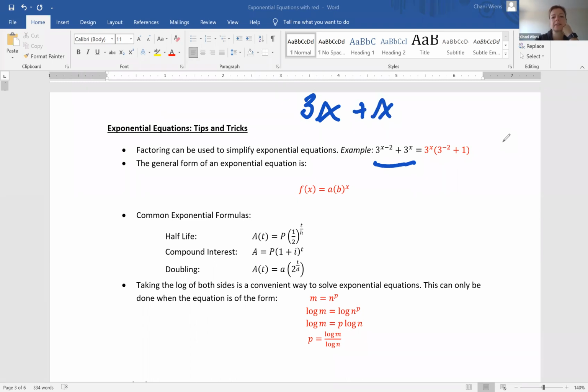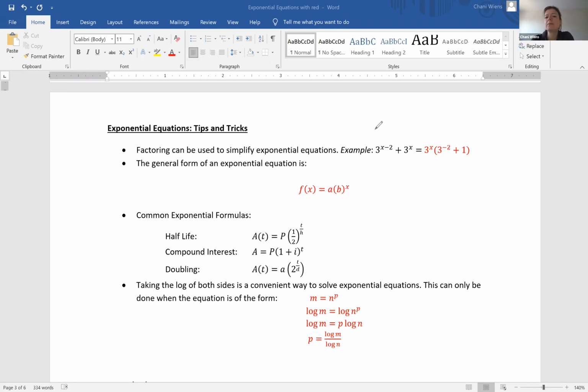So we would have x times (3 plus 1), or we would just collect like terms to be 4x. Something like this is a little bit more challenging. We see this and it's not as clear just because we're not as used to working with exponents. But you can common factor out a 3 to the power x.